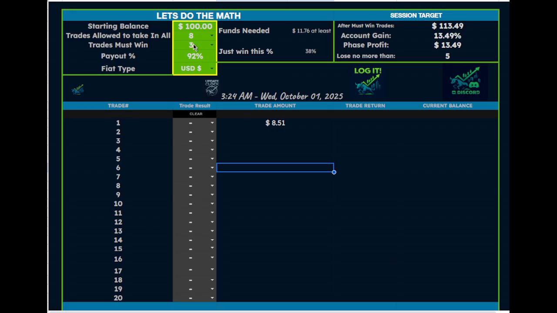I have to win a certain number of trades out of those trades in all. So here, for example purposes, trades allowed to take in all is 8 and trades must win is 3. Okay. And if you look over here to the right, lose no more than 5 trades. All right. No more than 5 trades.